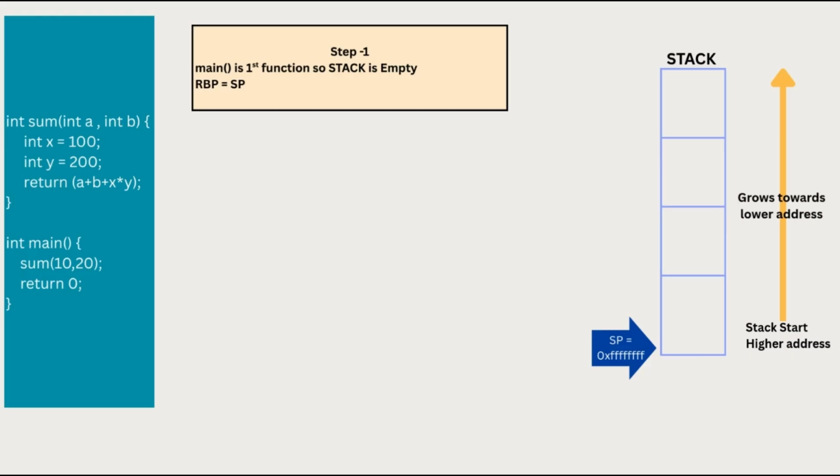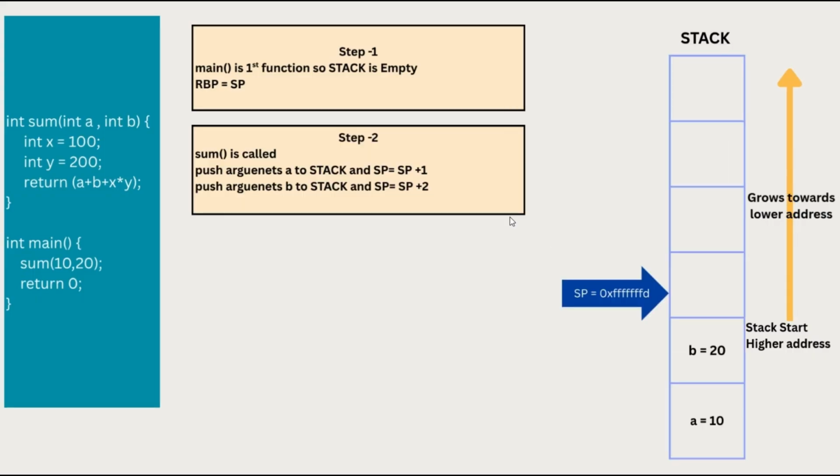Okay, now let's see one example step by step. Let's say you have a main function and a sum function. In the main function I am calling sum. Initially, step 1, main is the first function, right? So the stack is empty, there is nothing in the stack, and it is pointed, let's say, to some location 0xFFF. Okay, now sum will be called.